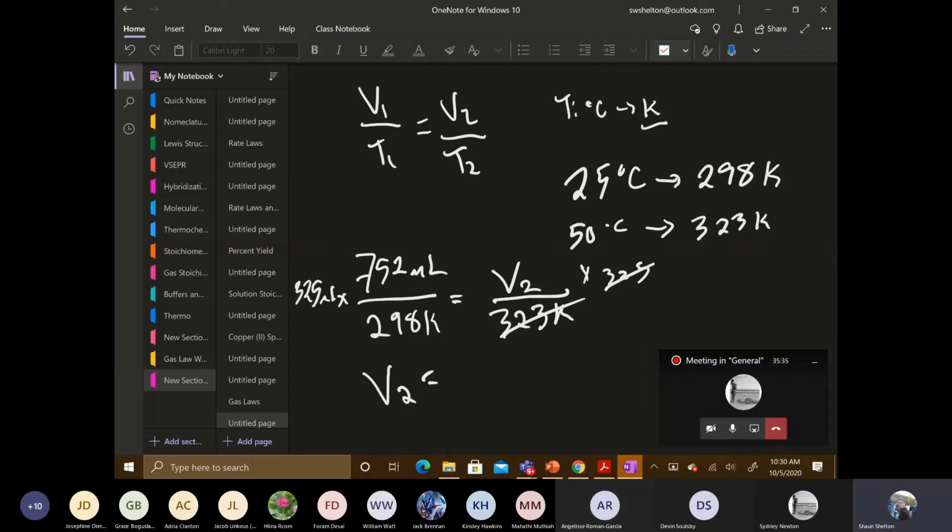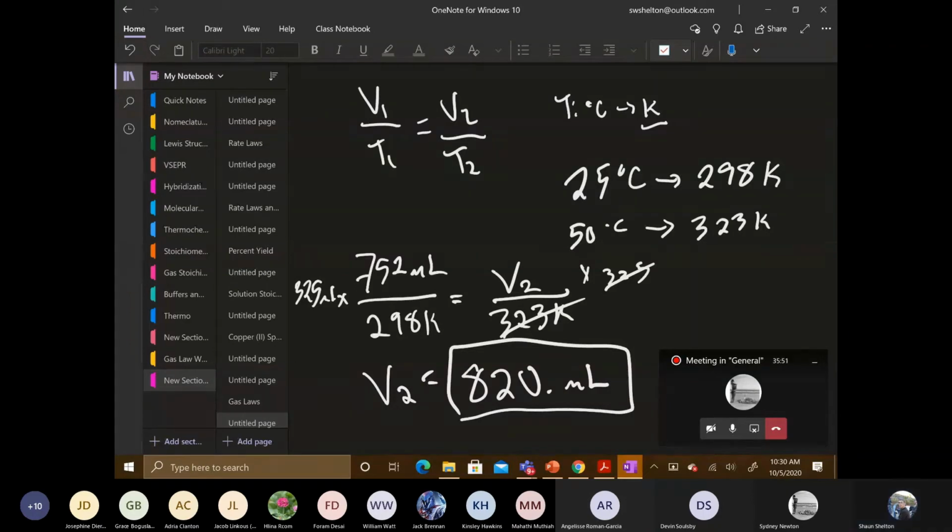That gives me 820 milliliters for V2. So with that change in the temperature, your volume goes up basically about 70 milliliters.